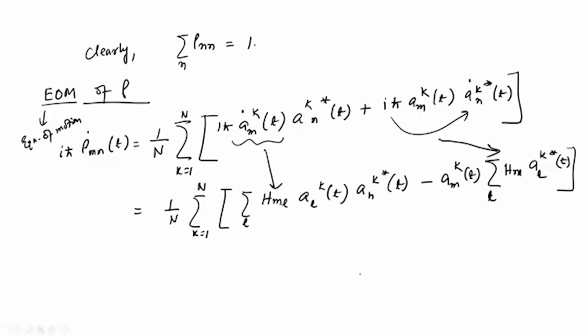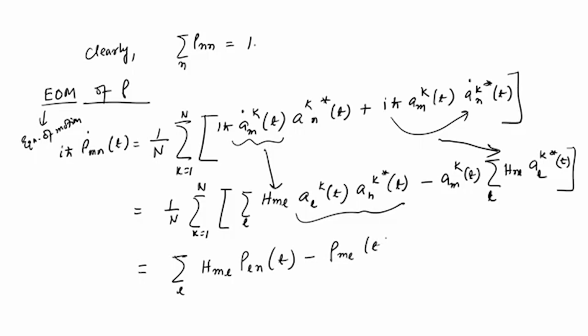Okay. And this is now simple. So, there is a sum over l, and we have h ml rho ln of t, because that is the definition of rho, and minus rho ml of t in h ln.